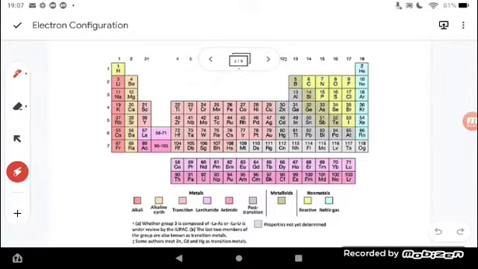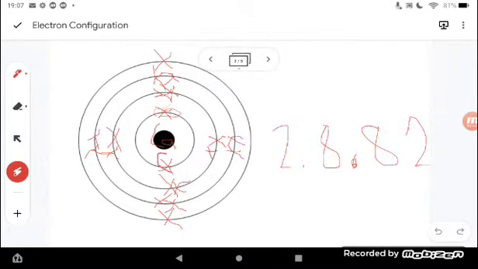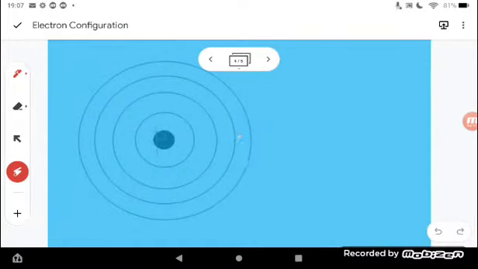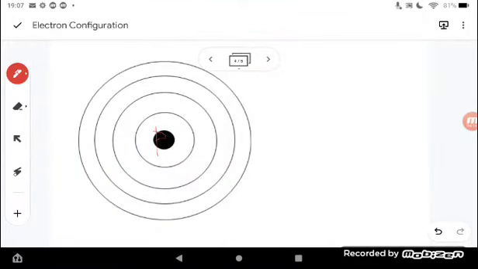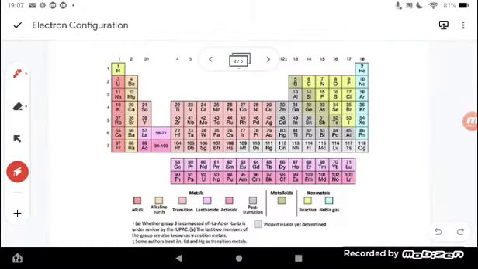That means we can fill it up with, like we did with calcium, 2, 3, 4, 5, 6, 7, 8, 9, 10 on this, and then going to the third shell, you would just put 1, 2, 3, 4, 5, because 10 on the 2 first shells and then 5 on the outside shell. So in that case, the electron configuration would be 2, 8, 5.